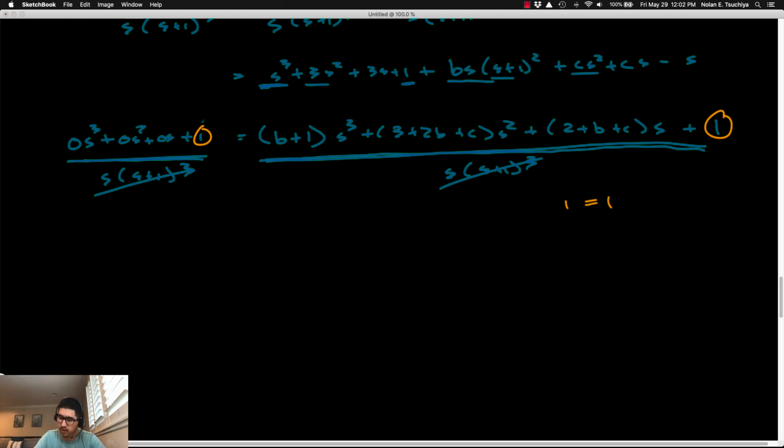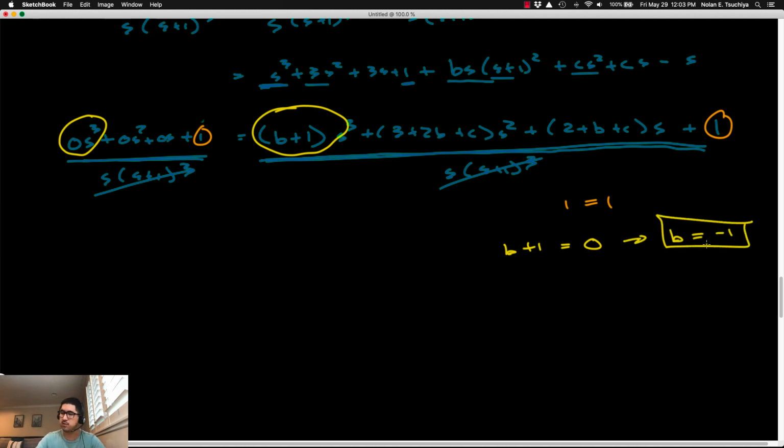But if you equate, say, the s cubed term, you find that b plus 1 equals 0. Well, that's useful because now directly I can see that b is equal to negative 1. And so I've solved for the b coefficient using this equation.